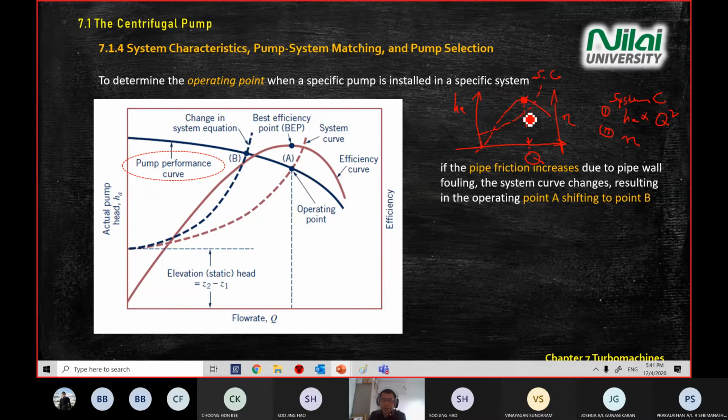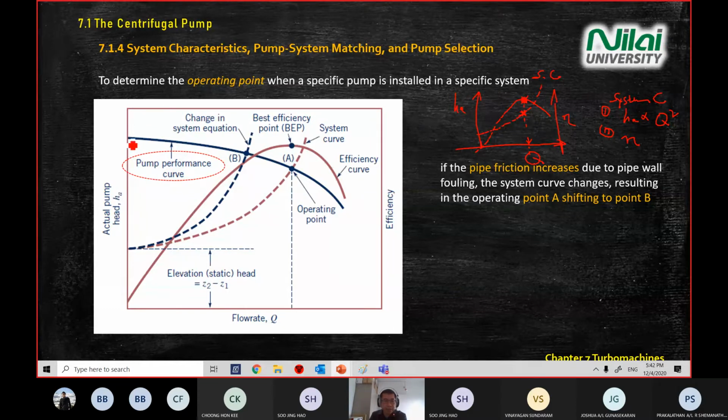And there's an intersection with your system curve. So this is the point that we will use in our calculation. And then there's one curve called the pump performance curve, given by the manufacturer or the supplier of the pump.